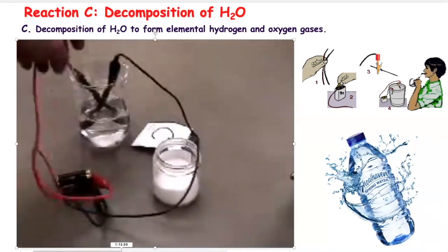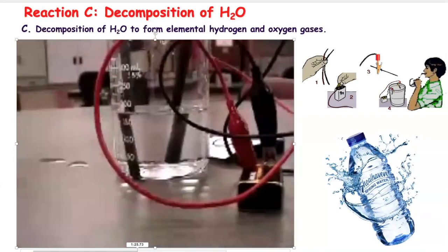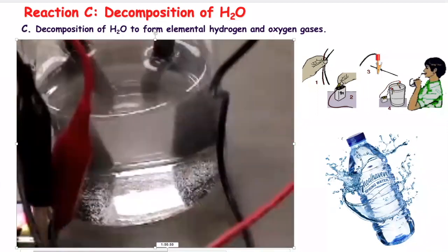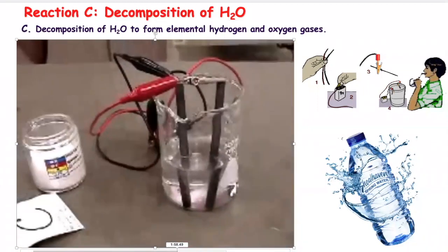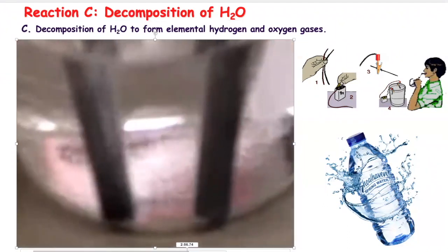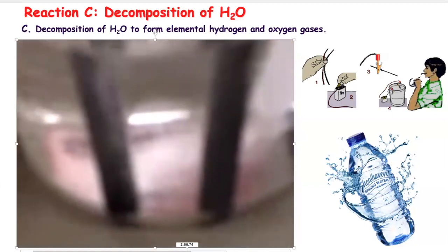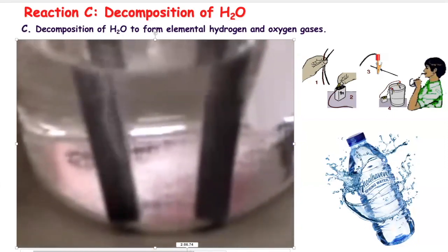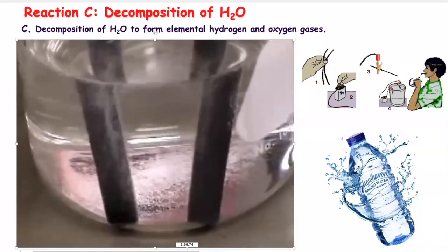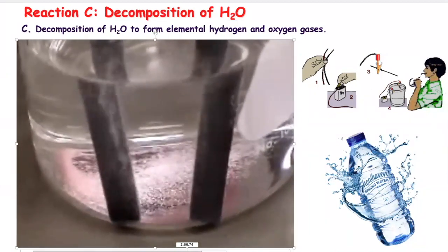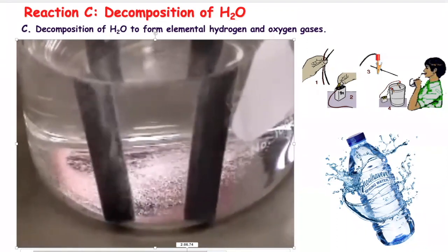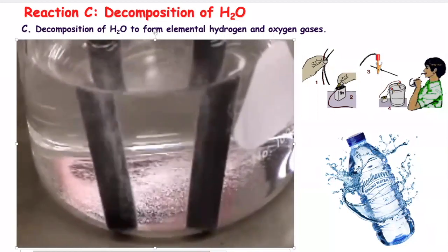Put salt in there, put the terminals, and then you guys can watch as bubbles form. Again, you can see that one side of the electrode is generating twice as much bubbles as the other. And that's the experiment. So let's move on to the next one.